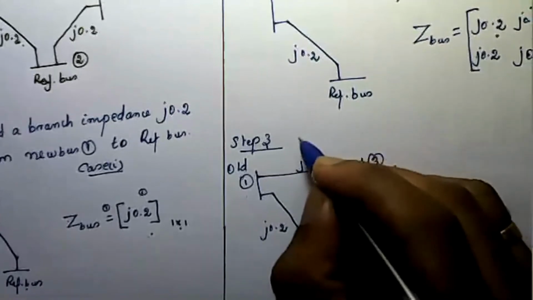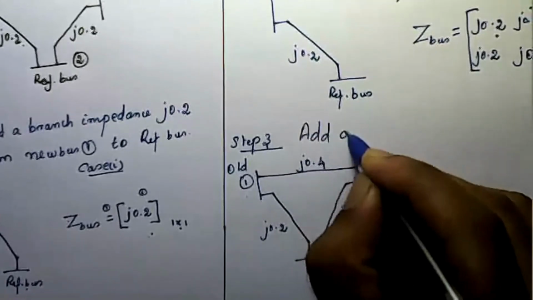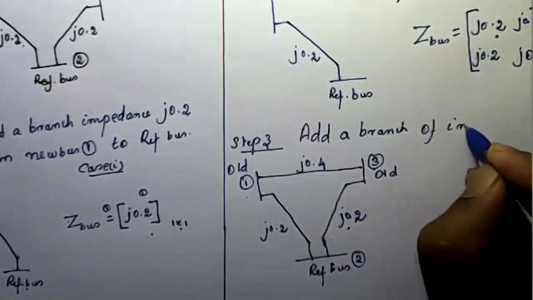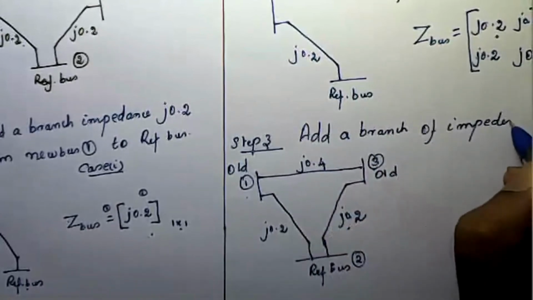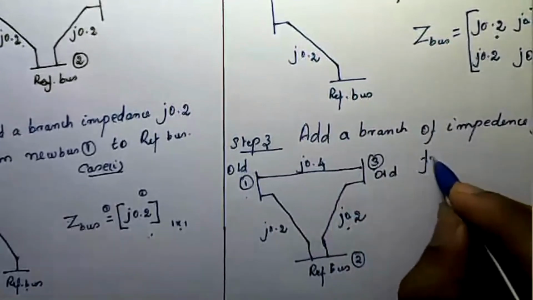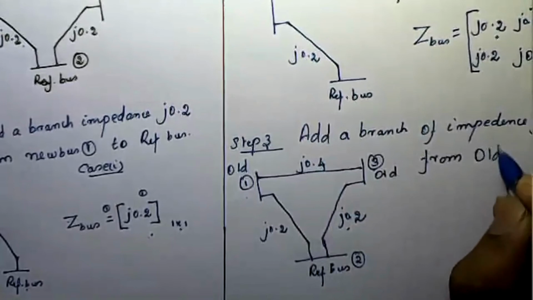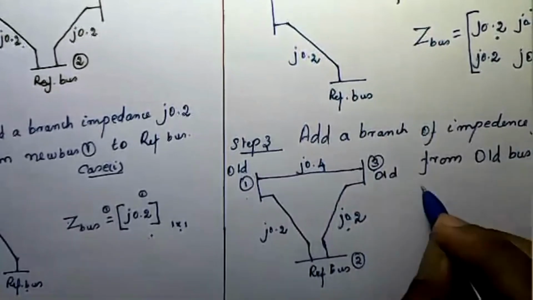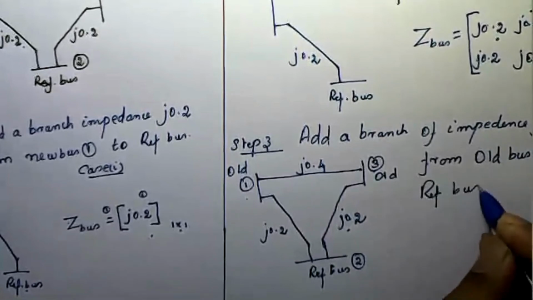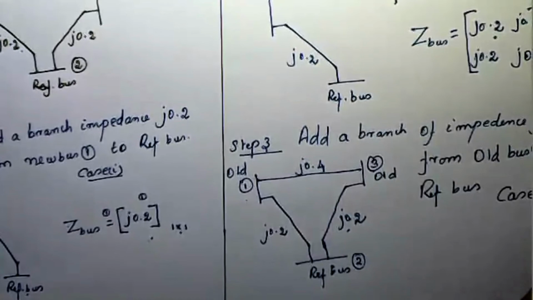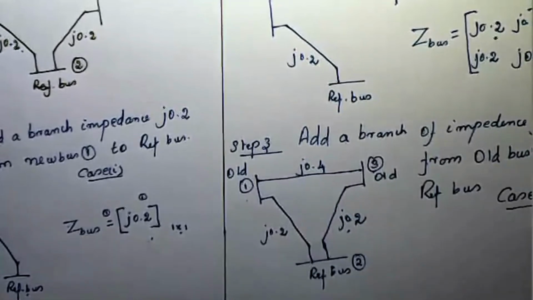That is, add a branch of impedance J0.2 from old bus 3 to reference bus. This is case number 3: old bus to reference bus.